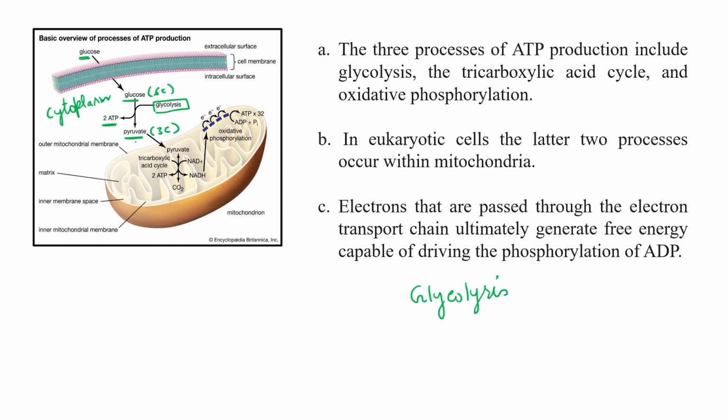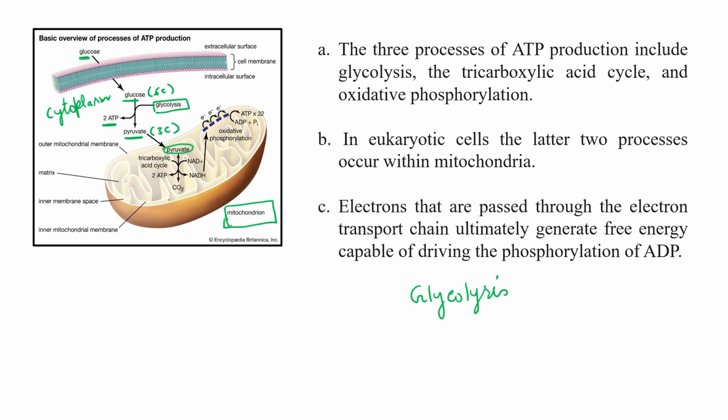When glucose is converted into pyruvic acid, this pyruvate then enters the mitochondria. This is the mitochondria, which is present in eukaryotic cells. Pyruvate can cross the membrane of the mitochondria and come inside the matrix, where it gets converted into a molecule known as acetyl coenzyme A, which is a 2-carbon molecule.